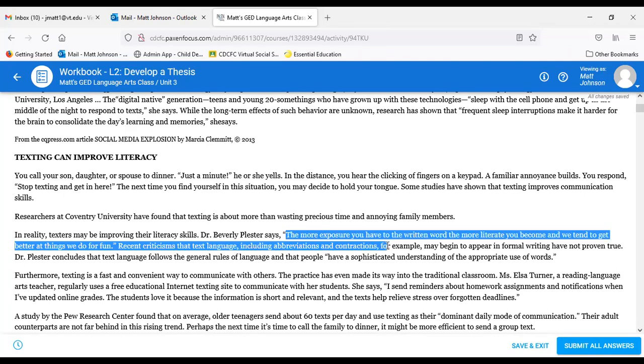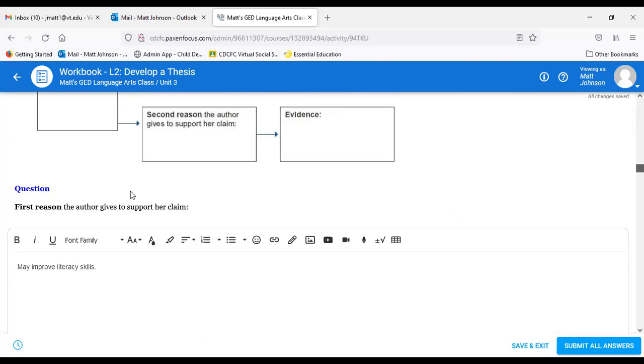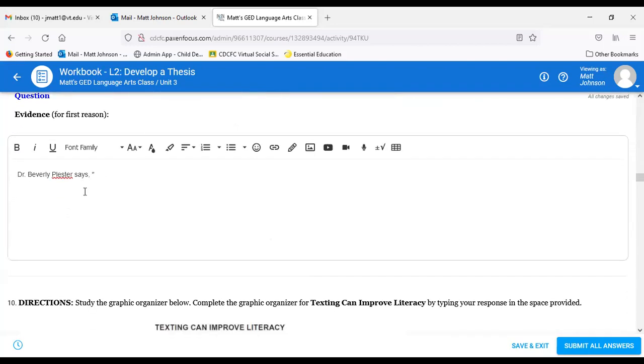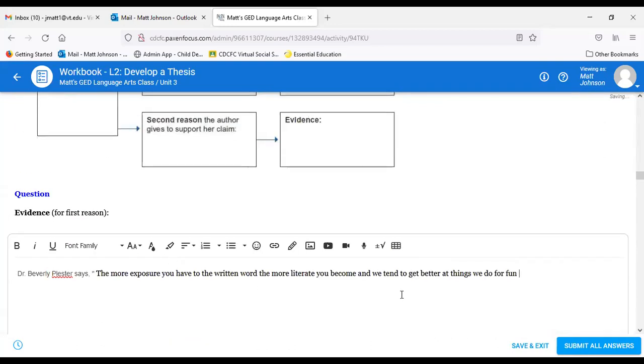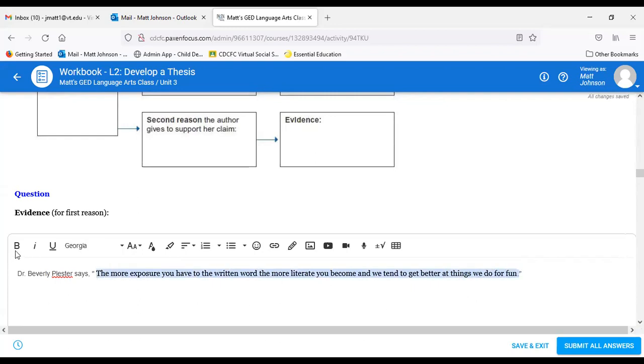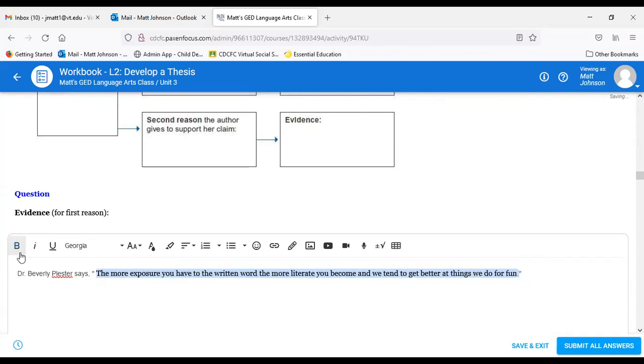Yeah, it'll work. Let's see if it works in the chat.